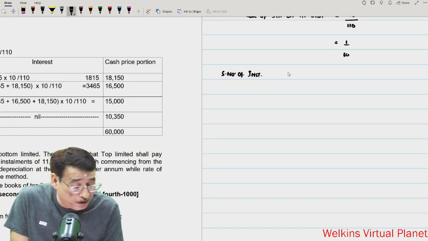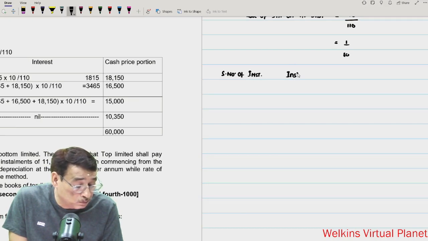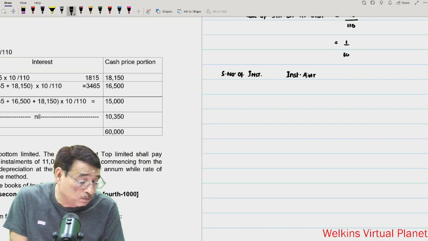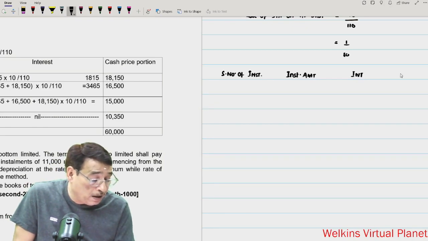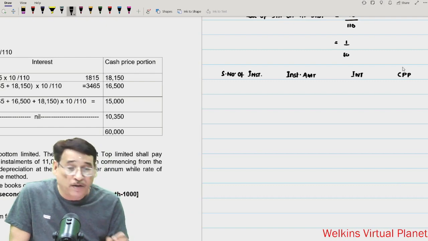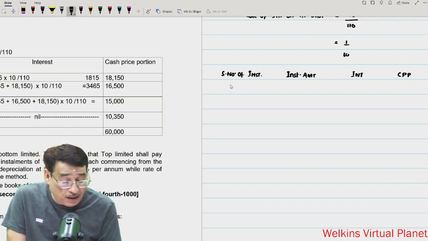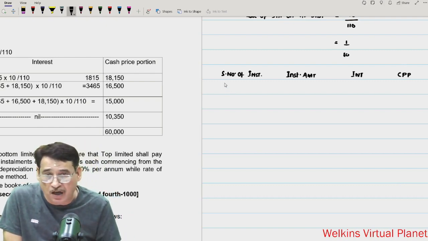Then you write here installment amount, then you write interest, and then you write cash price portion. Now, very important that you have to start from the last installment.